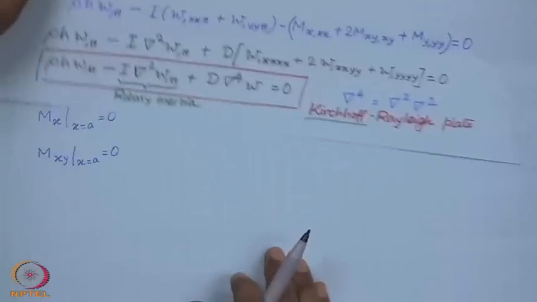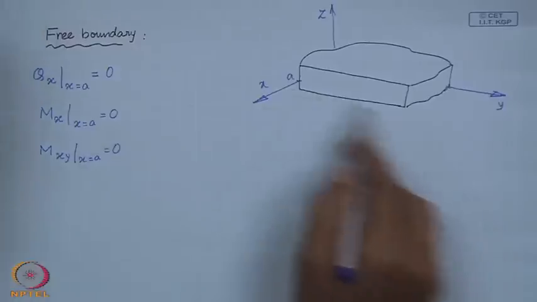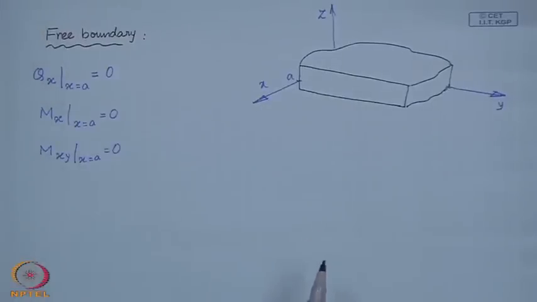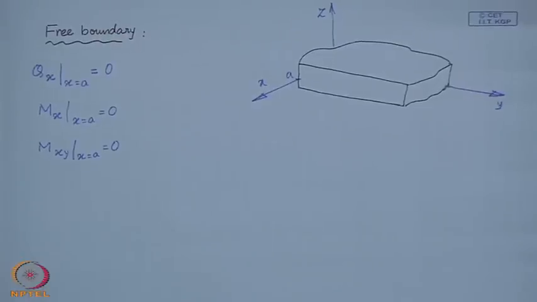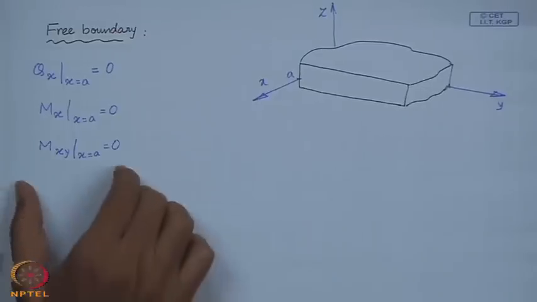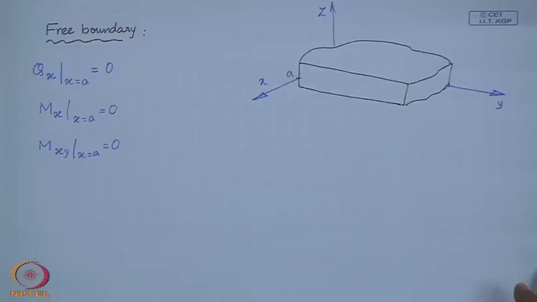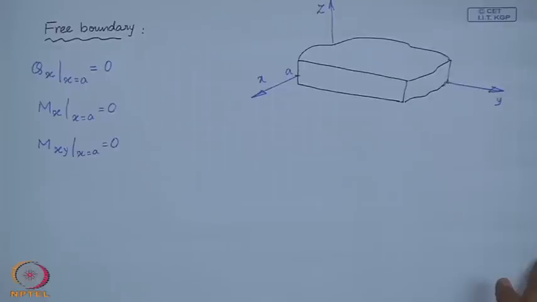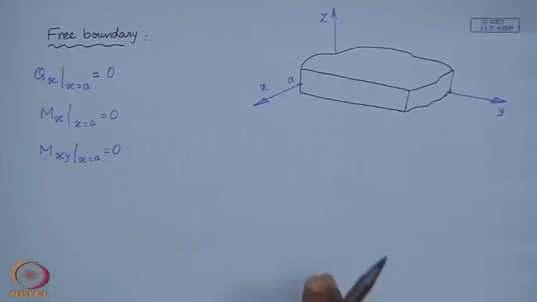So, it cannot support 3 boundary conditions at an edge like this. At a boundary, it cannot satisfy 3 boundary conditions. So, there must be something wrong about these boundary conditions, at least some of them. So, there must be some combination. Now we are going to discuss how they are actually combined.